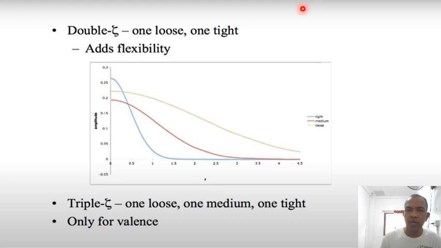Valence functions get split, in recognition that bonding gives this to the variation. Sometimes a bond will be stretched in one direction, and sometimes it's stretched in a different direction, which involves valence orbitals primarily.